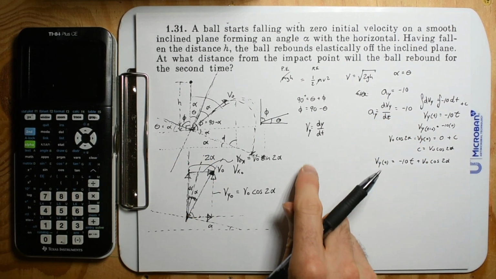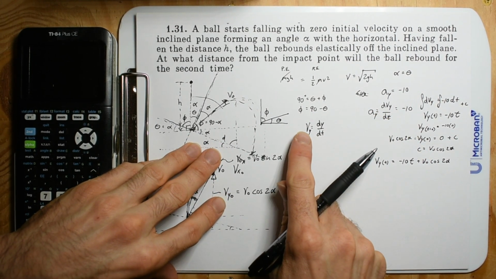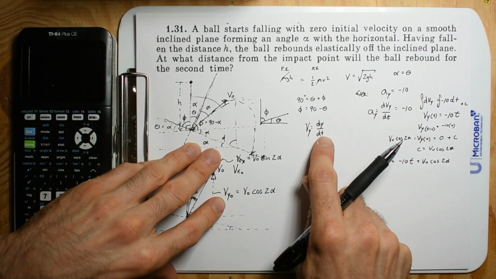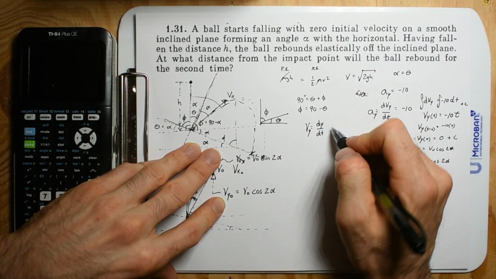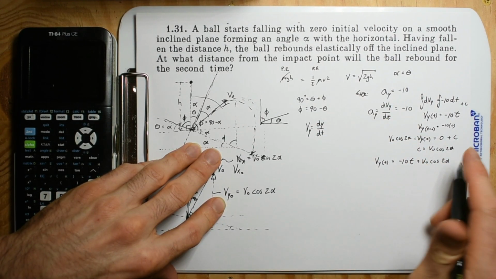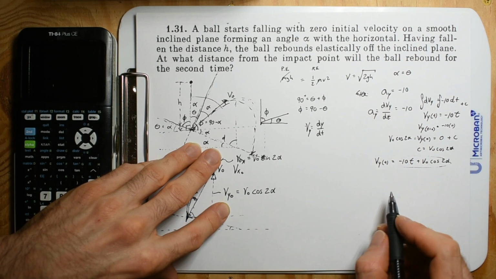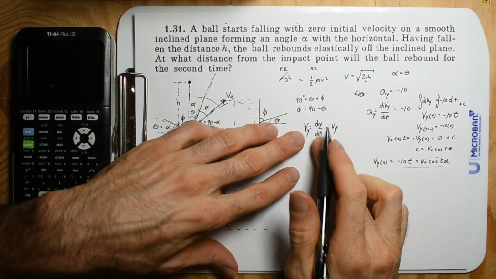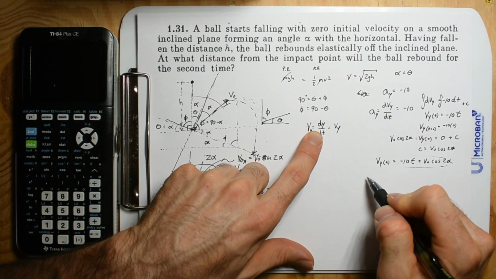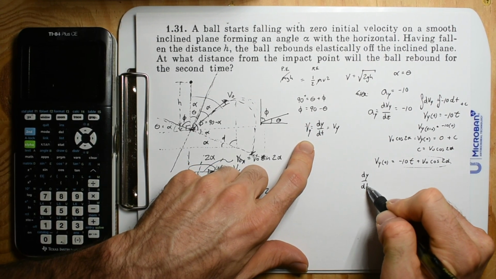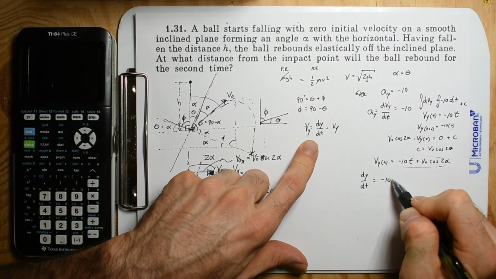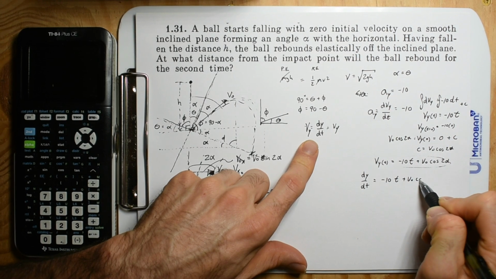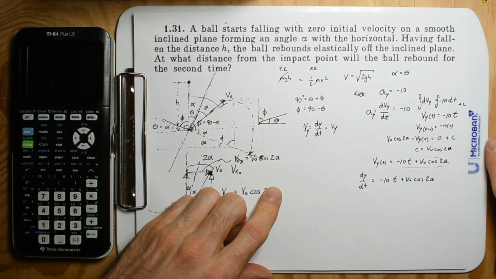It's the definition of velocity: change in position over change in time. So I would say dy dt is equal to this equation, negative 10t plus v naught cosine 2 alpha.